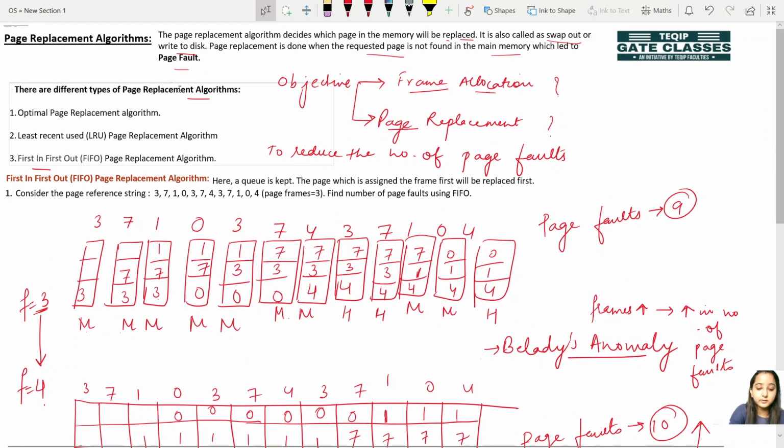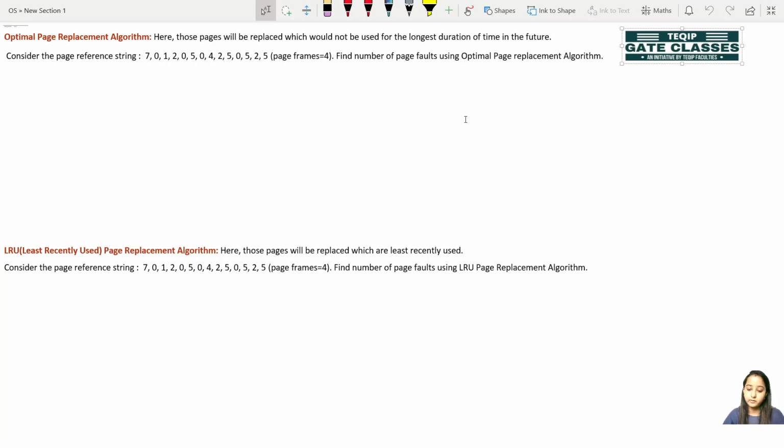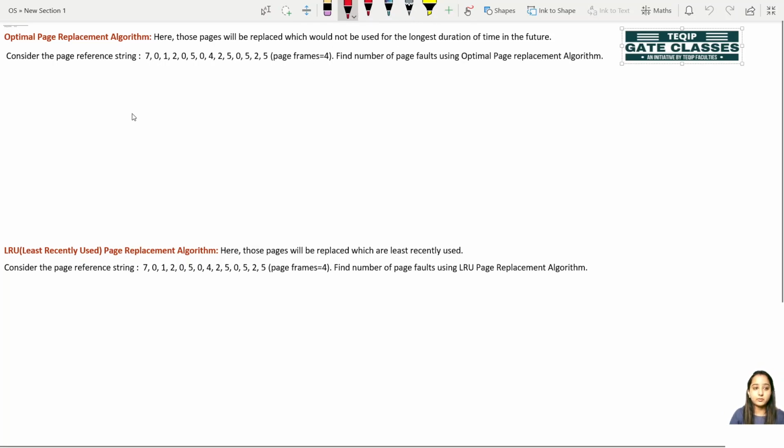So next one is the optimal page replacement algorithm. The second algorithm for page replacement is your optimal page replacement algorithm. Let me take the string given to you is this one, and they have asked that the number of frames will be 4 and follow the optimal page replacement algorithm.